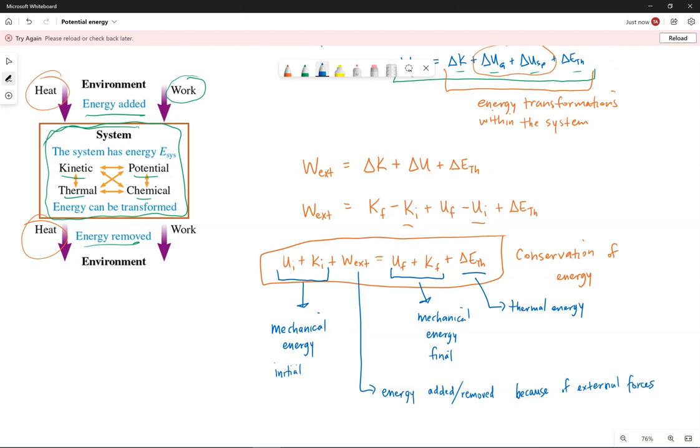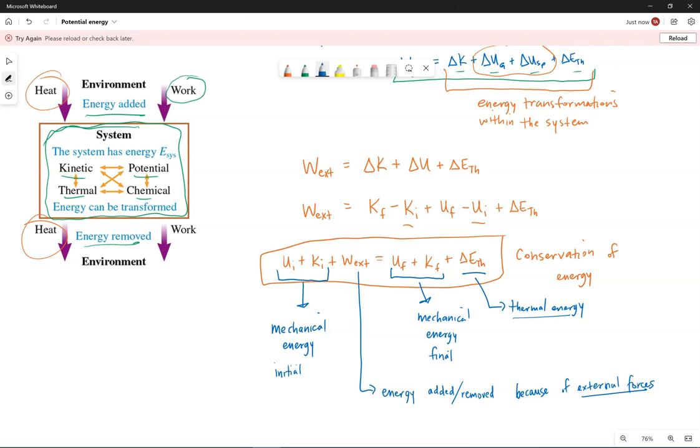So this external force is not the force of gravity, not the force of a spring, not the force of kinetic friction. Because we are already accounting for those in terms of potential energy or thermal energy. So there has to be some other force, some sort of push or pull or tension that would be causing the energy to change. This is a beautiful relationship though.